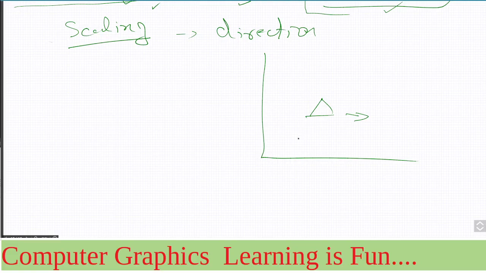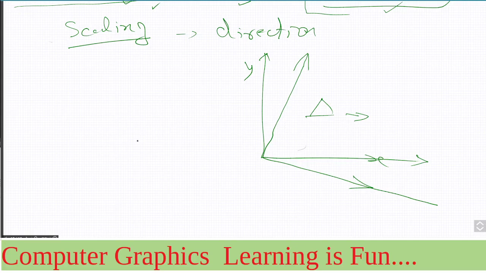So what you need to do, you can keep it in this plane. Original was this plane, xy. Now if you keep this in this plane and then increase the size, this may also help.